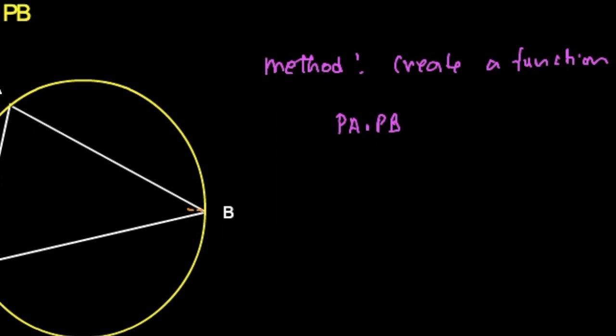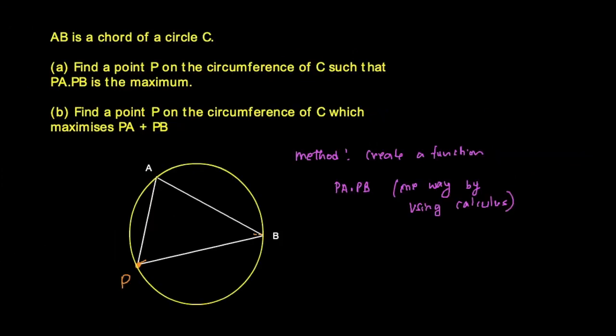This is one way, by using calculus. We will not use this way, of course. We will be using pure geometry and maybe a little bit of help from trigonometry to solve this problem.